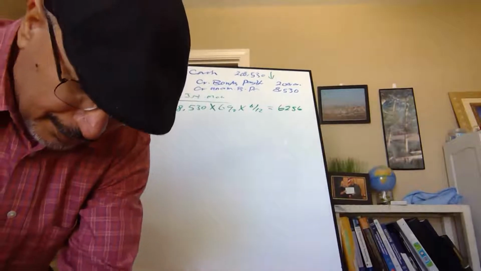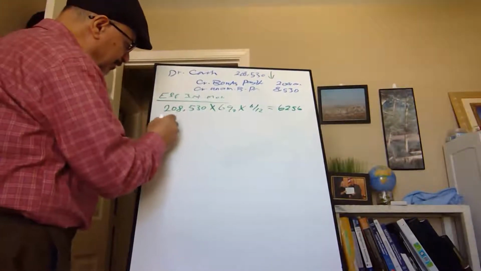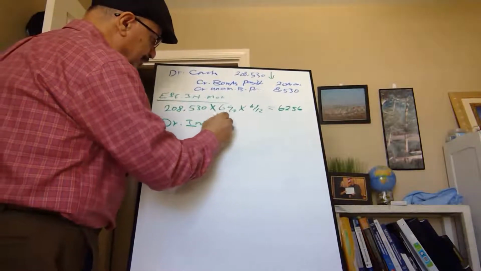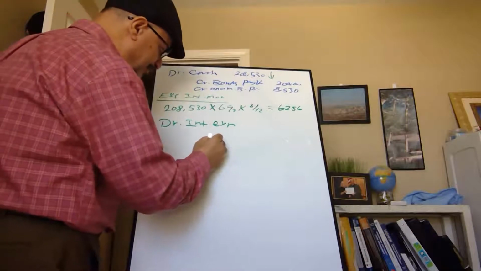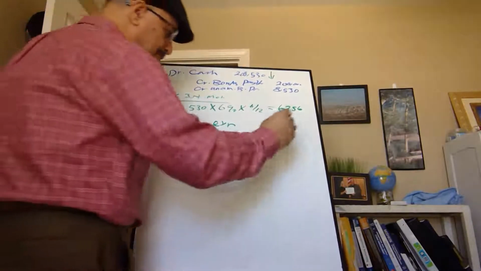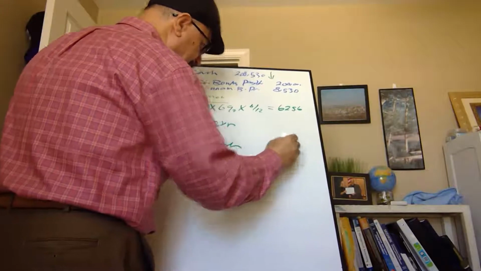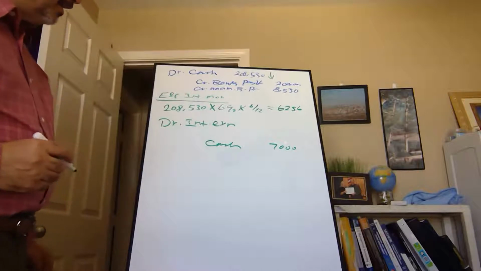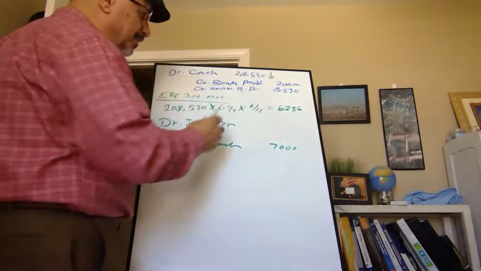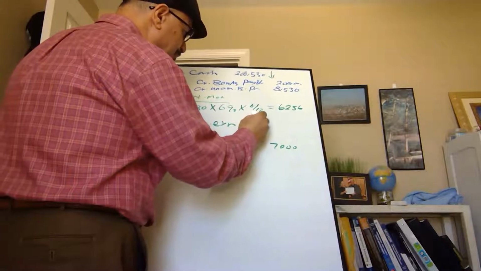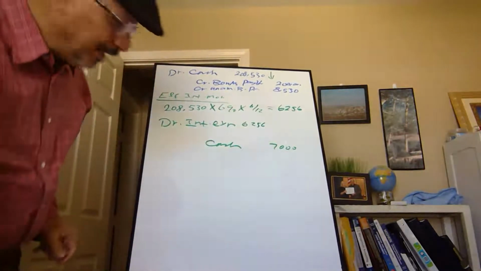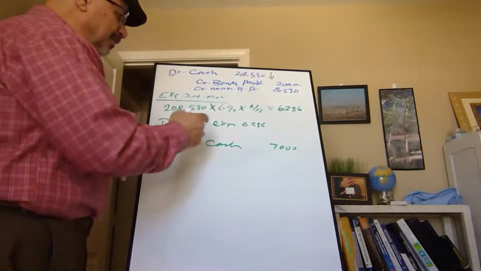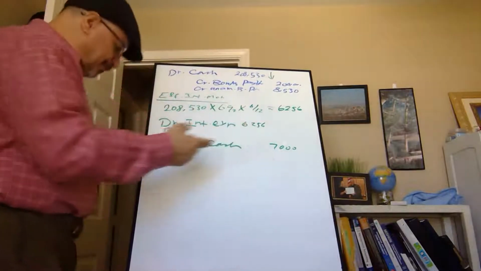Now we are going to debit interest expense, and we're going to credit cash. Cash is automatically $7,000. That is the obligated value that we have to pay. And the interest expense now we know is $6,256. And now how much do we amortize of the premium? It is the difference between the interest expense and the cash value.